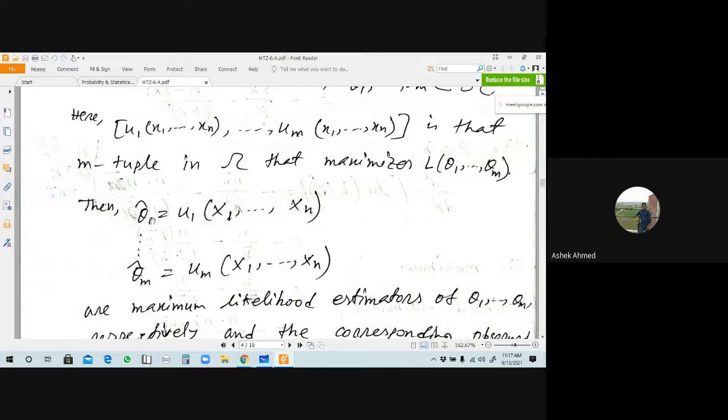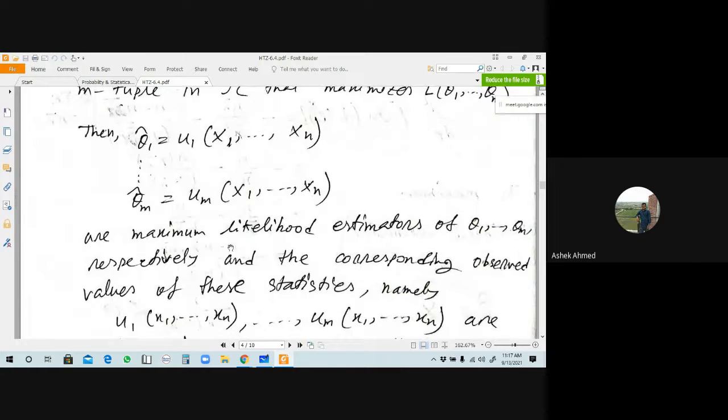Then theta 1 cap, this is the estimator here, up to theta m cap, that will be denoted by this concept, are the maximum likelihood estimators of theta 1 up to theta m respectively. The theta 1 estimator হচ্ছে এটা u1 of x1 dot xn, আর theta m এর estimator হবে কি u suffix m of x1 dot xn here.